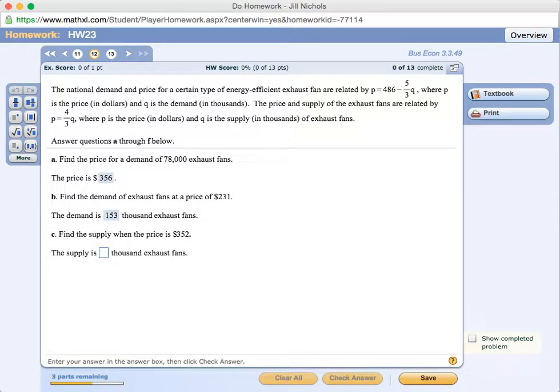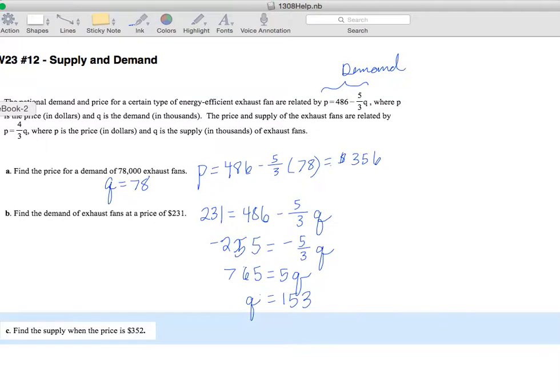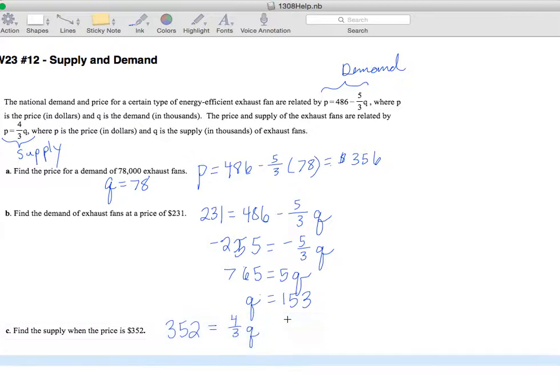Okay, find supply when price is 352. The price and supply of the exhaust fans are related by this equation, where P is the price in dollars and Q is the supply. So now we're working with this equation right here for supply. When price is 352, I'm going to plug 352 in for P. So 352 equals 4/3 Q. Solving that equation, we'll multiply both sides by 3.